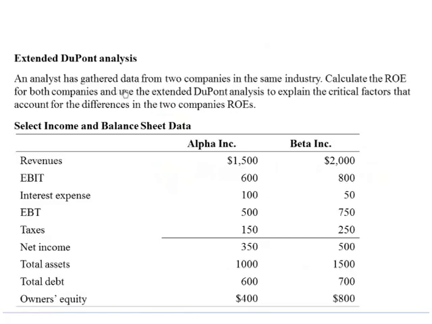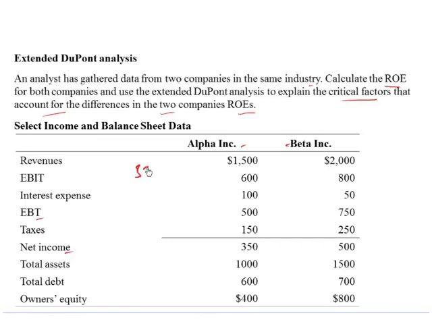So an analyst has gathered data from two companies in the same industry, calculate the ROE for both companies, and use extended DuPont analysis to explain the critical factors that account for the differences in the two companies' ROEs. So the entire income statement and relevant metrics are given for both Alpha and Beta Incorporated. So we first need the net income upon the earnings before tax.